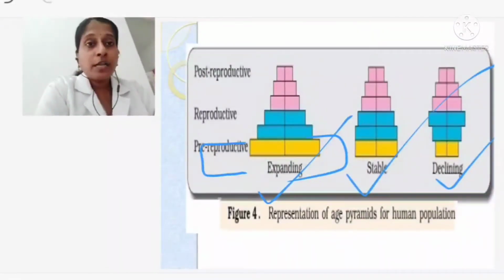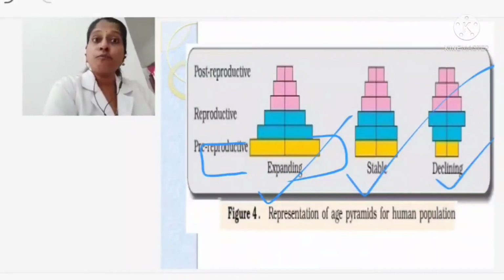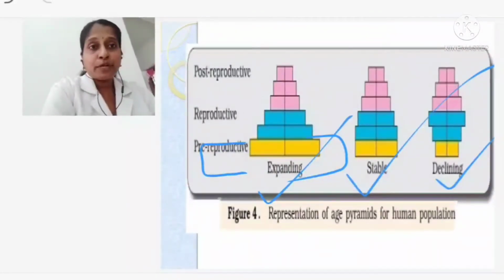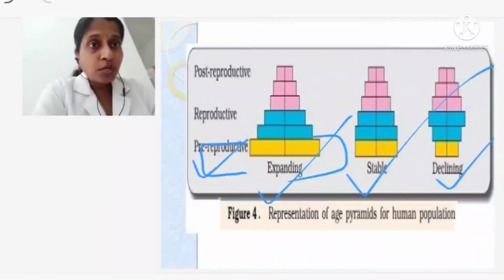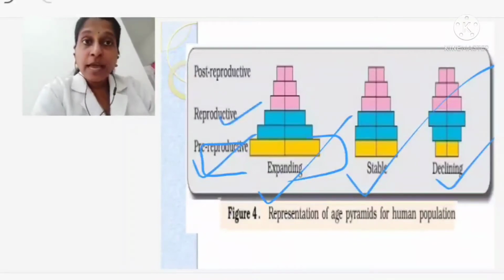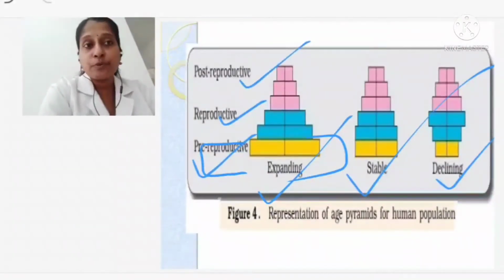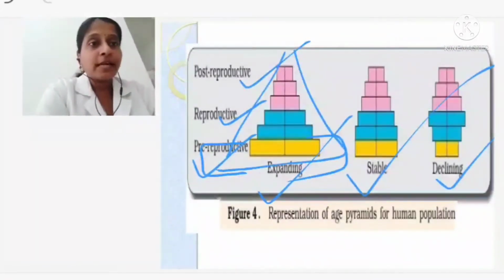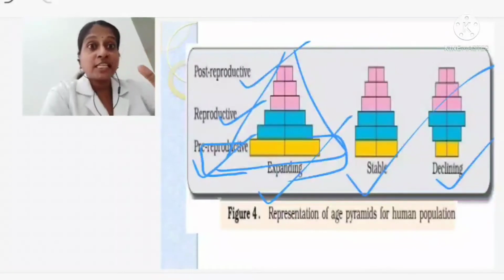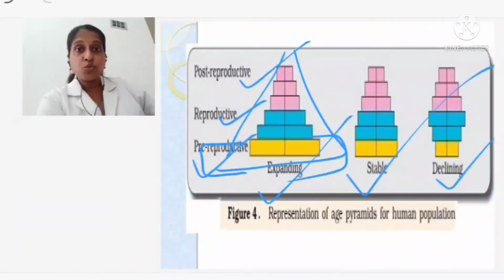The reproductive groups are giving rise to many individuals, which results in the formation of more pre-reproductive groups, then we call it as what? Expanding. So in this, the pre-reproductive is more compared to the reproductive, and the reproductive is more compared to post-reproductive individuals. Then you will get a triangular shaped pyramid like this.